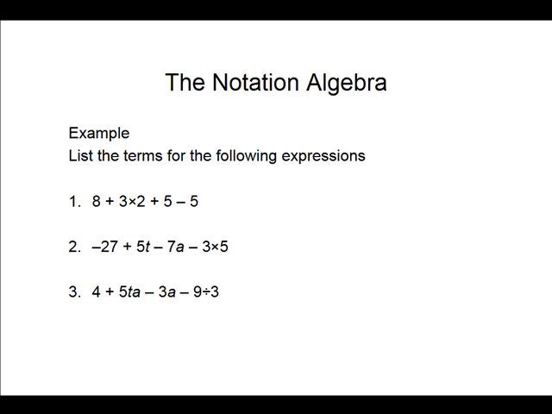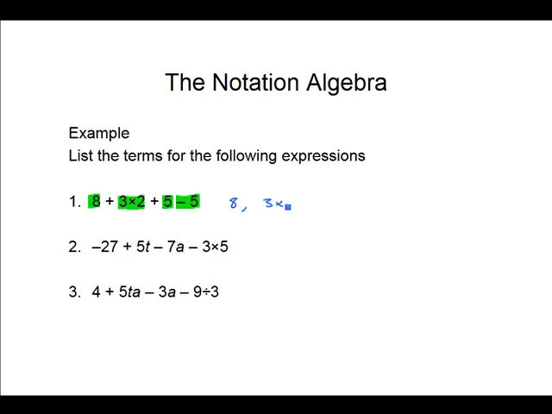So we've got a few examples here where one skill we need to develop is the ability to identify the terms in an expression. So terms are usually separated by plus or minus signs, where the minus sign is included as part of the term.